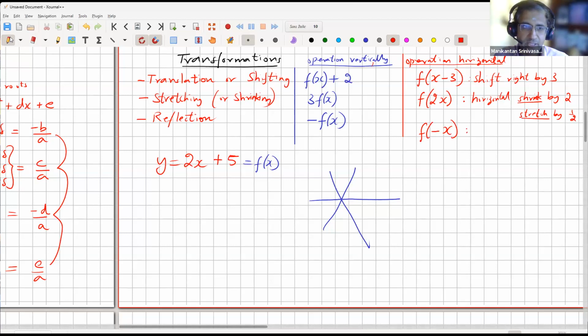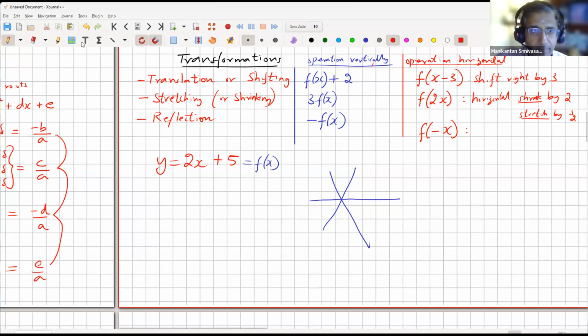So it's reflecting about the y-axis, a horizontal reflection. Just like minus f of x was a vertical reflection. What is up has come down. What is down has come up. Okay. Now let's understand each of them.